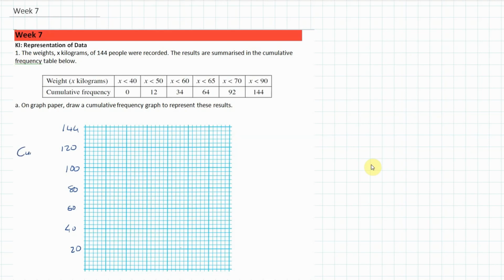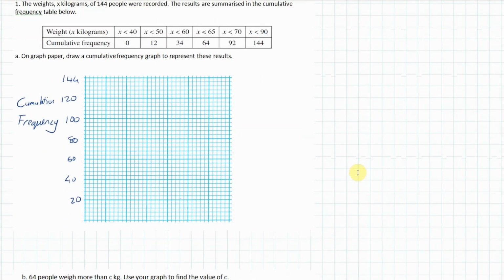So cumulative frequency. And along the bottom, I guess we could go from 40, 50, 60, 70, 80, 90, 100. Now, we only need to go up to 90.